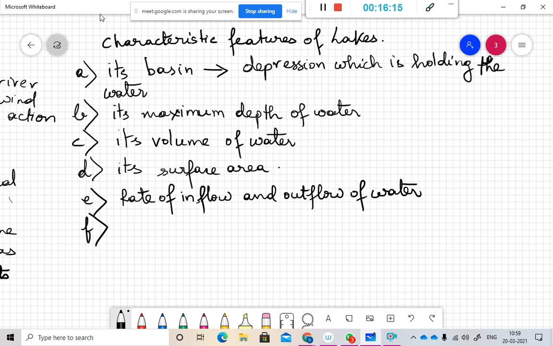It is also characterized by the quality of water, whether the water is good or bad.